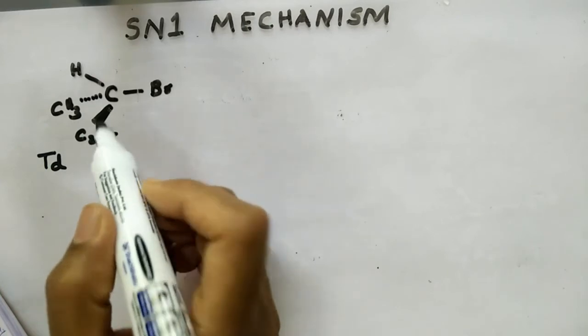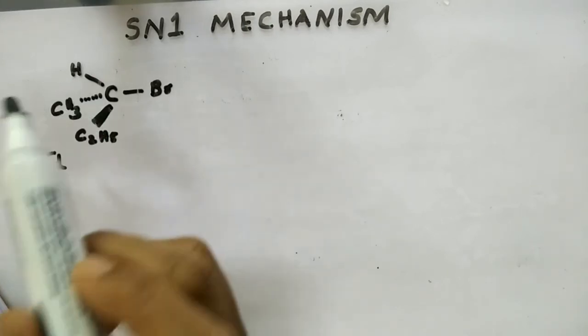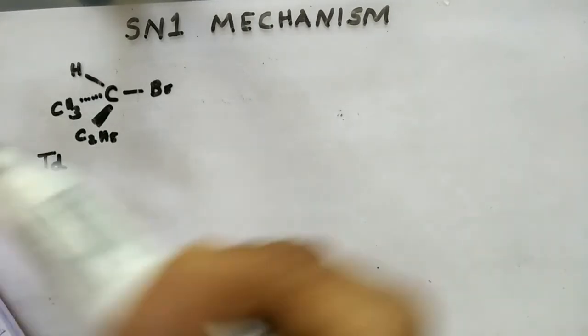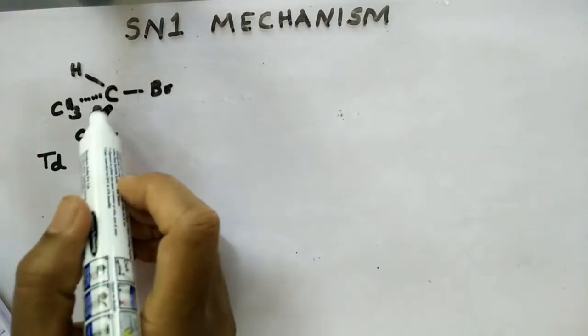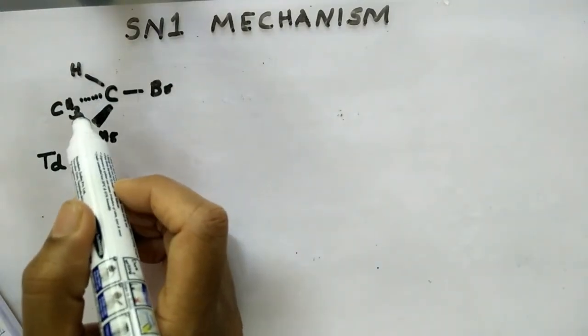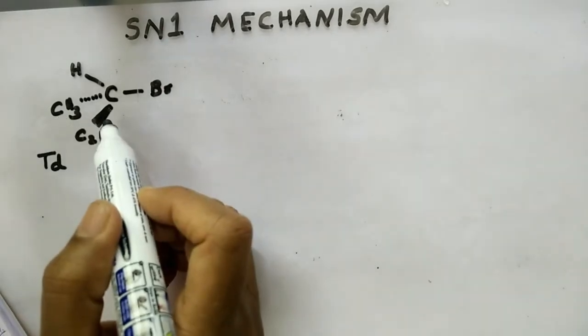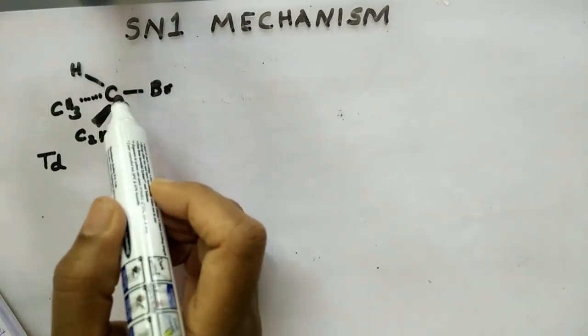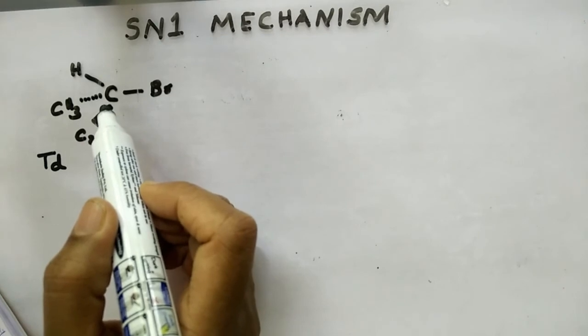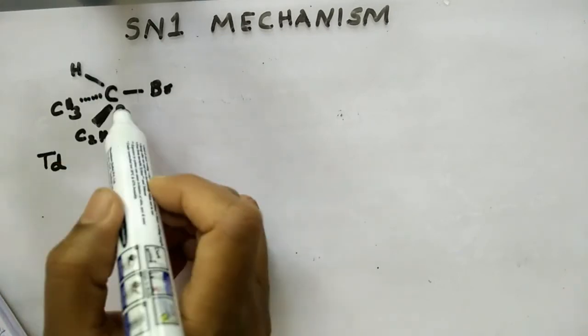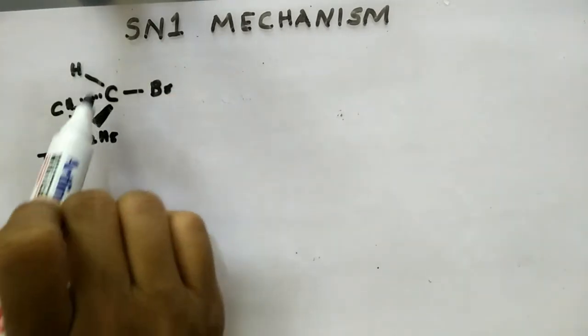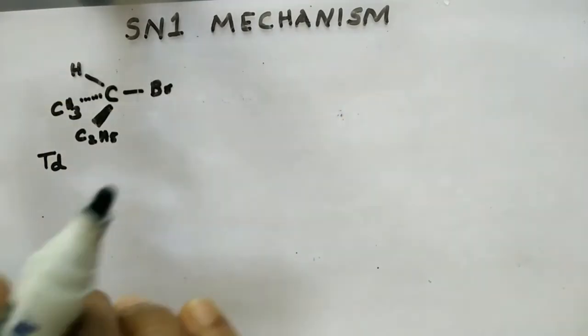That means C2H5 will lie above the plane of the paper. And this dashed line going down the paper means CH3 lies behind the paper. And a straight line represents the bond in the plane of the paper, that means CH and CBr lie in the paper itself.